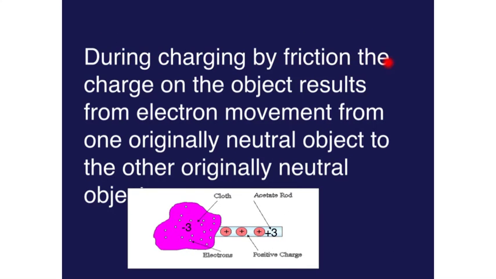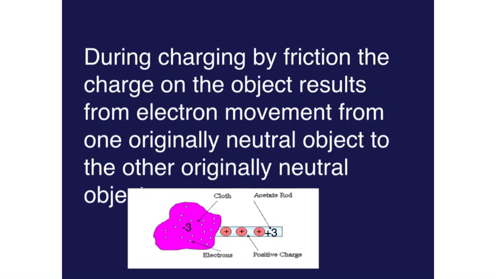When we charge by friction, that's a different situation. The charge on the object results from electrons moving from one originally neutral substance to the other originally neutral substance. So here we have a cloth, and that cloth is going to rub this acetate rod.